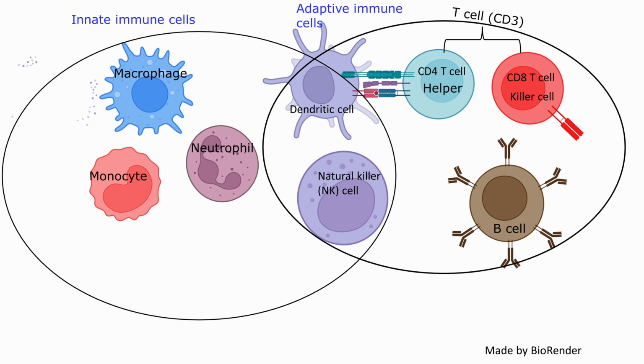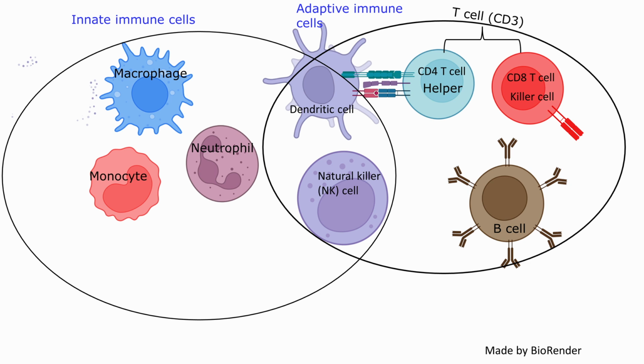In the adaptive part, we have two main cell populations. T cells, which we call CD3, are divided into two main groups: CD4, which we call helper T cells, and CD8, or killer T cells. And we also have B cells, which secrete antibodies. So this is just background for what I will talk about.